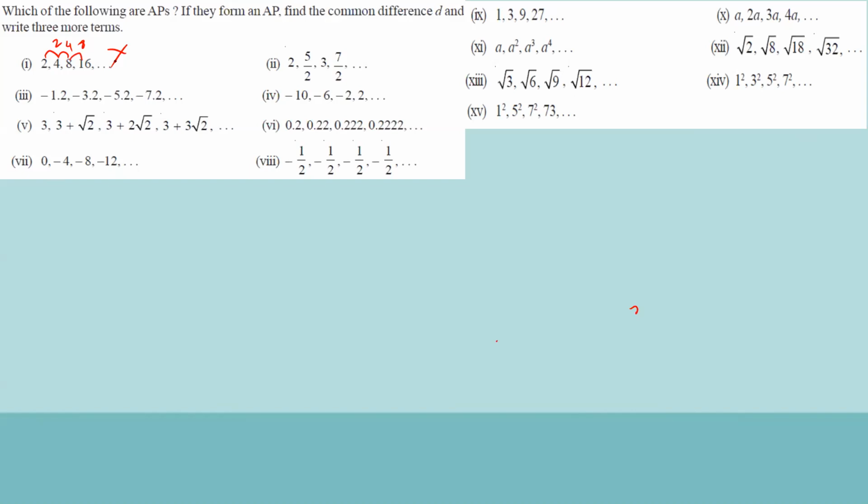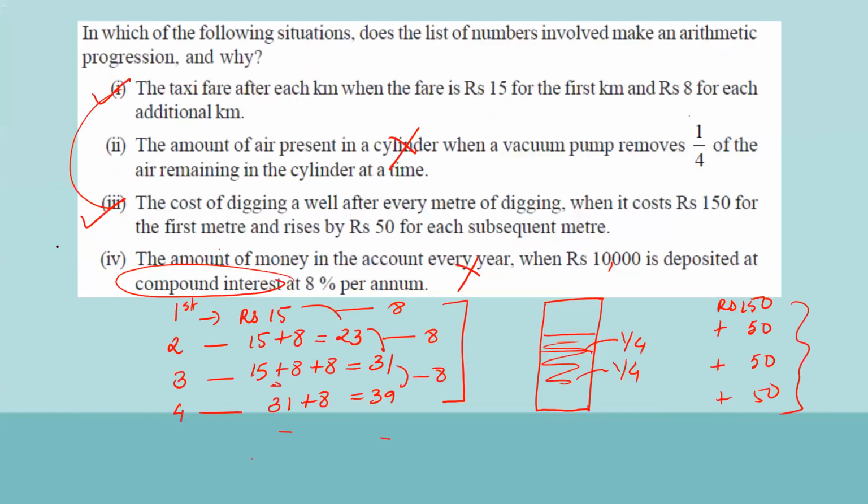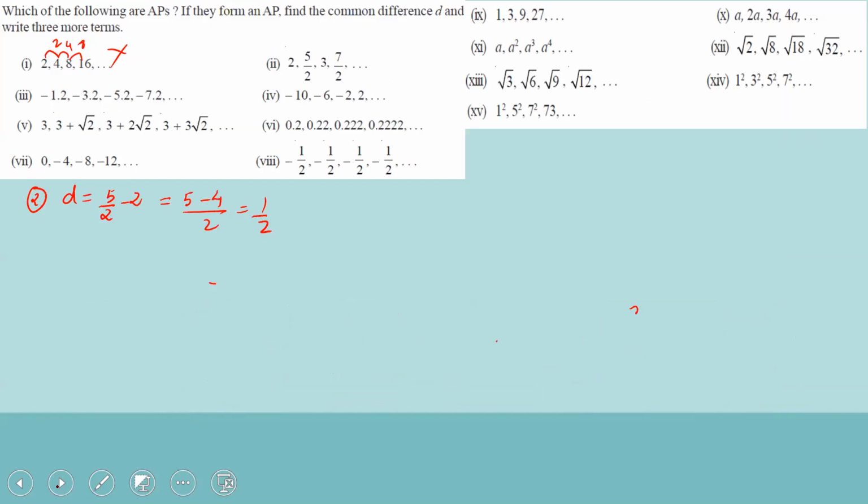The second one, it says 2, 5 by 2, 3, 7 by 2. So now let's see for the second one. D is 5 by 2 minus 2. What is 5 by 2 minus 2? Take an LCM. So this will be 5 minus 4 upon 2, so that's 1 by 2. Let's take the D for the third and the second term.